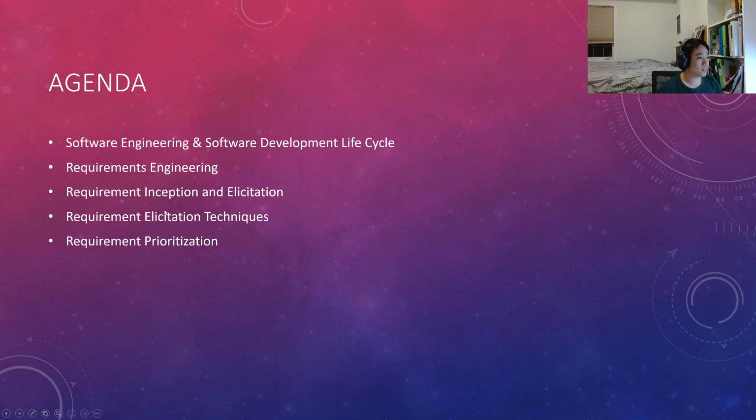The next concept we have is requirement inception and elicitation. Then we will take a look at, inside the elicitation step, the techniques used in elicitation. And finally, we will also look at requirements prioritization. This will also include how to deal with conflicts.